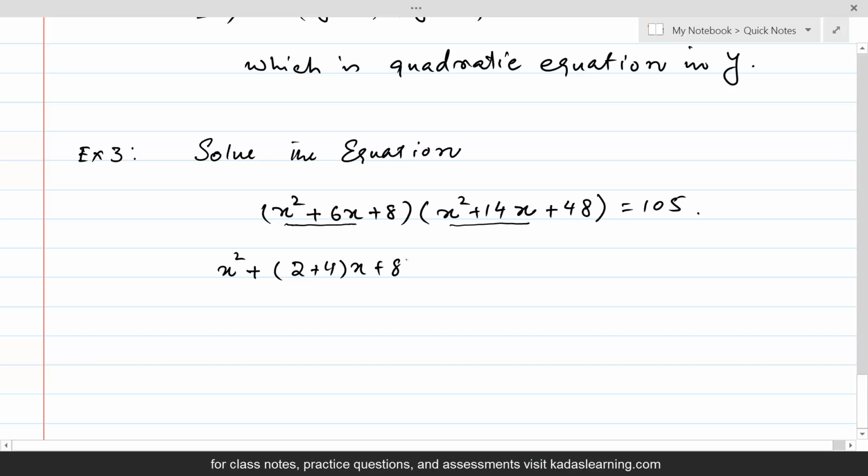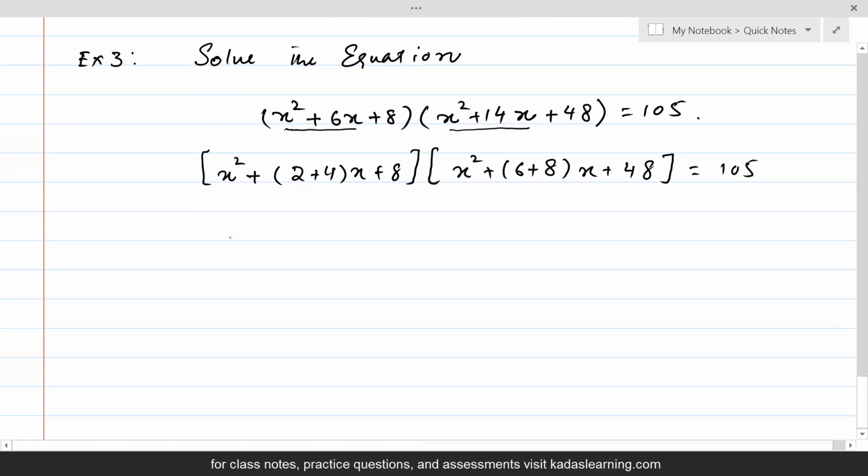That is the first group, and in the second one we have x² + 6x + 8x + 48, equal to 105.